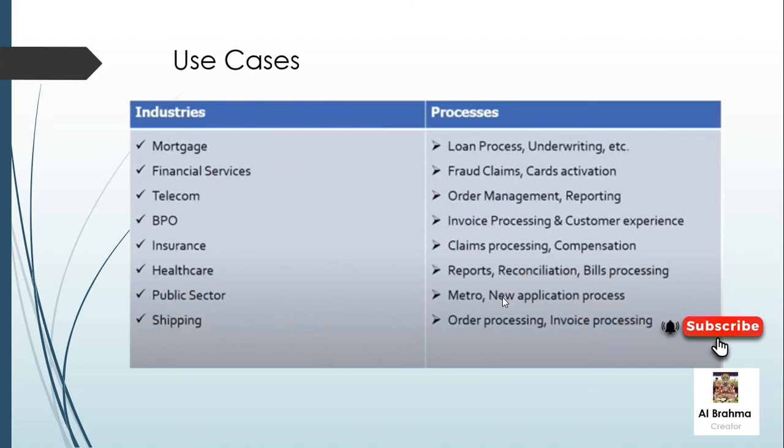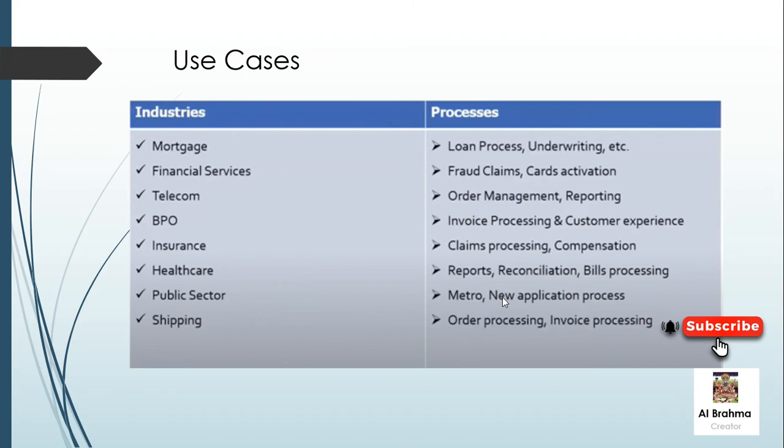I'm giving just a few examples of where we can use it: mortgage, financial, telecom, BPO, insurance, healthcare, public sector, shipping, shopping, everywhere. Wherever the business is in the cloud or on computers, these bots can handle it.